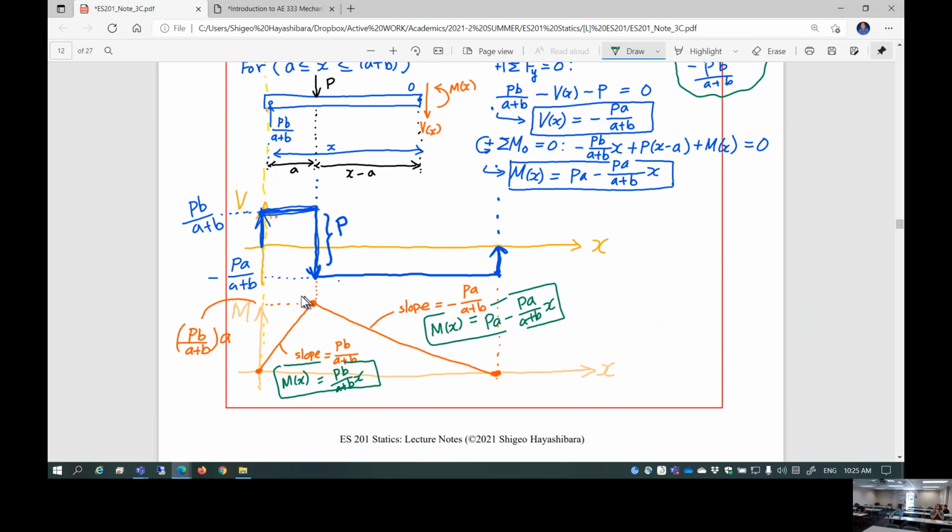If you extend this across the y axis, it is going to be PA. So this is the starting point PA, a linearly decreasing function. Make sense? So the moment is represented by two linear functions for this case.